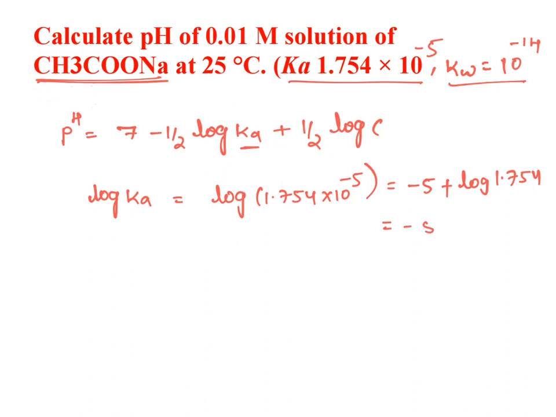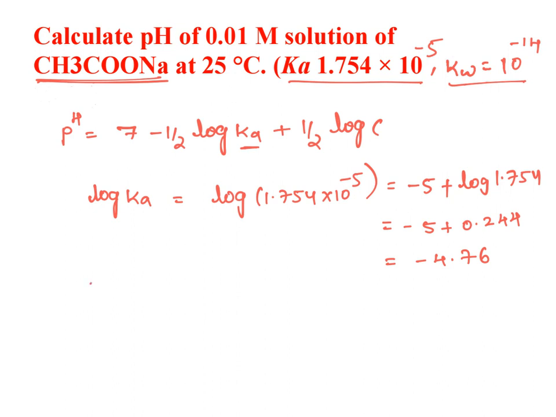So minus 5 plus log 1.754 equal to 0.244. So approximately equal to minus 4.76.